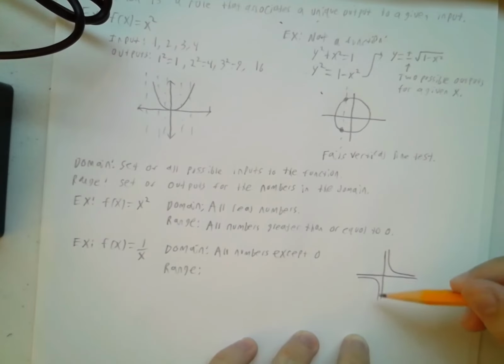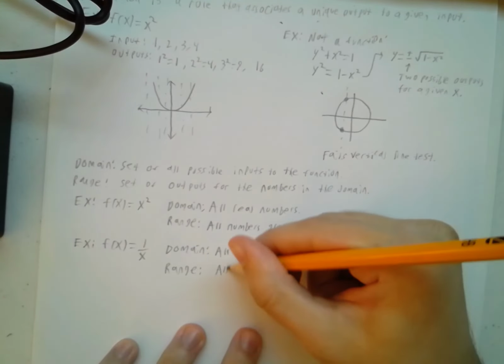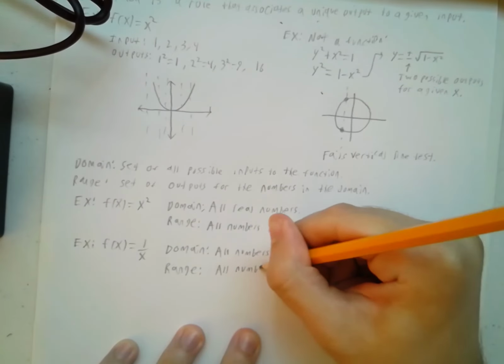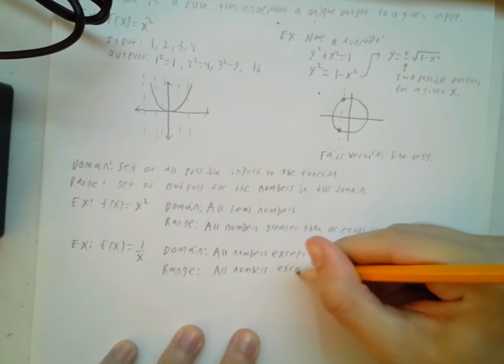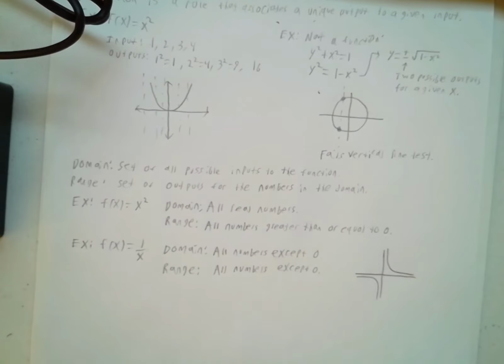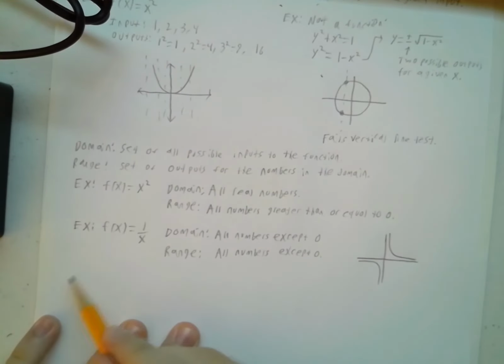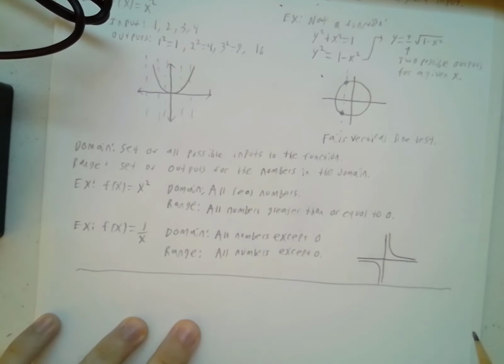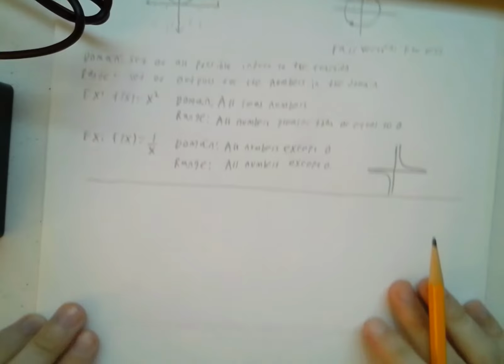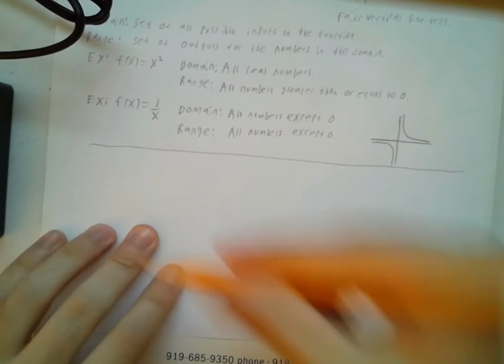So it'll actually hit almost every number, except for it never quite touches the x-axis. So the range is also all numbers except 0. Okay. So that's a quick recap of how functions work. The next thing I'd like to look at is inverse functions.